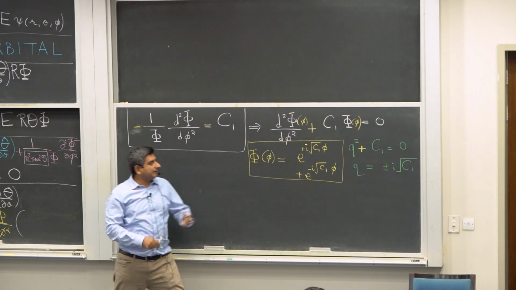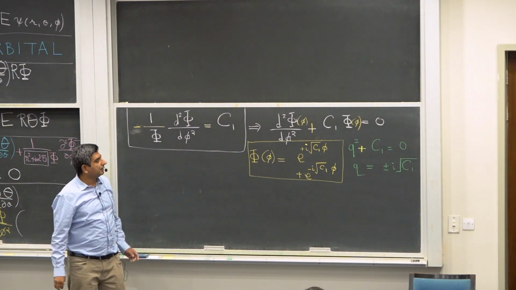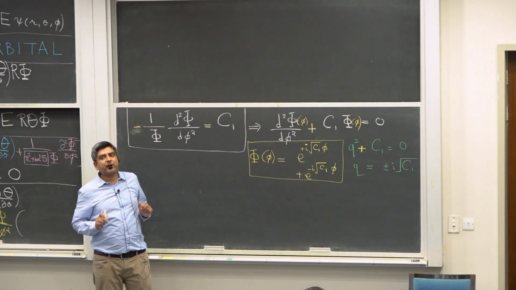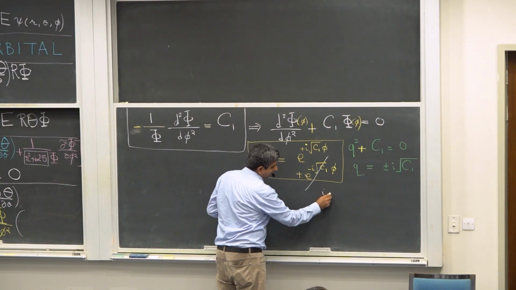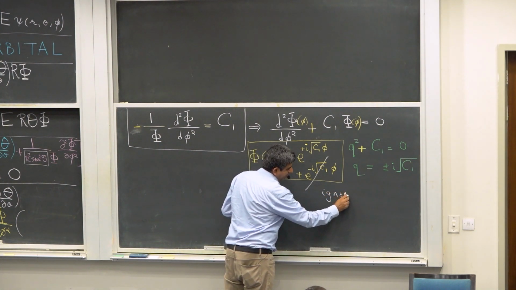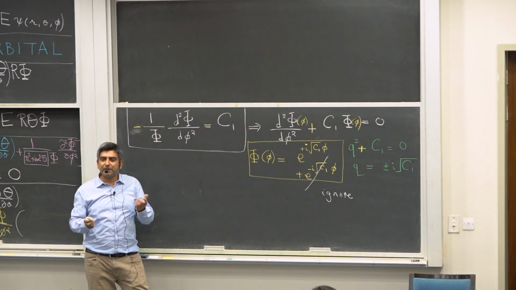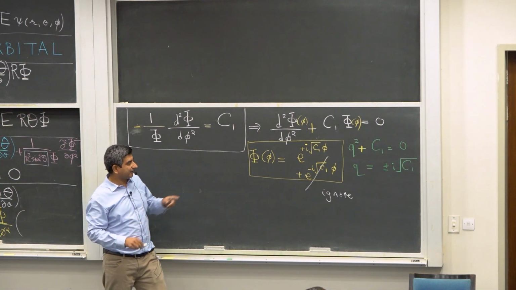So there's something special about this C1. For the sake of argument, let me ignore this part for the time being. And I will show you why ignoring this makes sense.